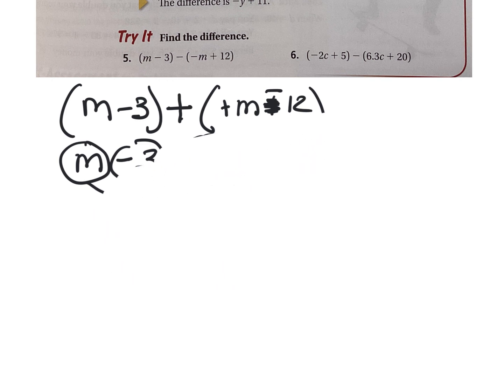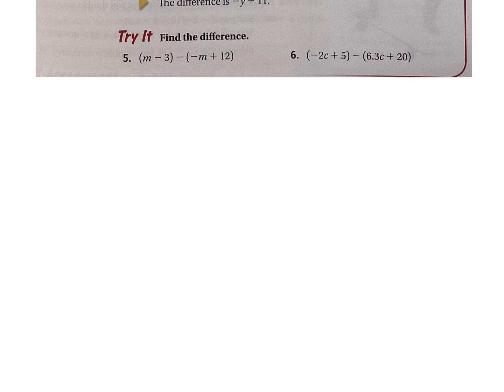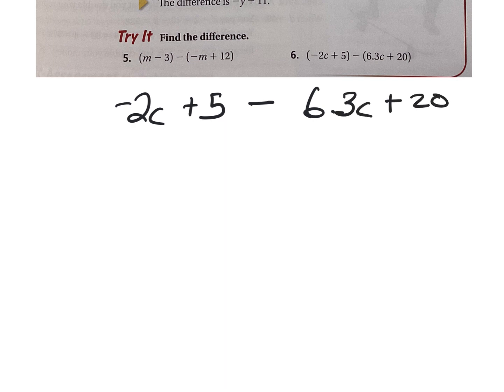Let's do the next one, number 6. Negative 2c plus 5 minus 6.3c plus 20. Okay.